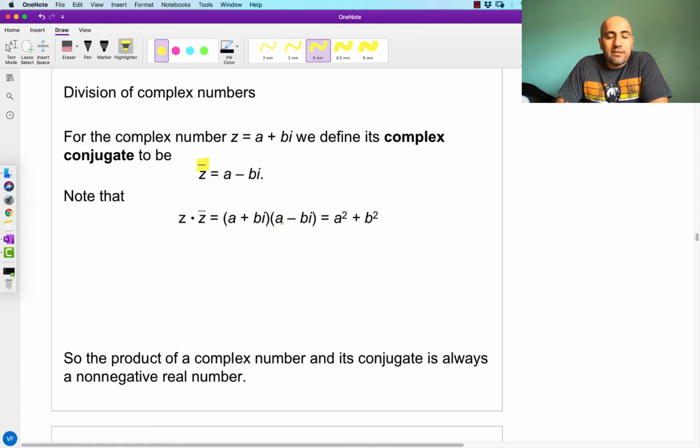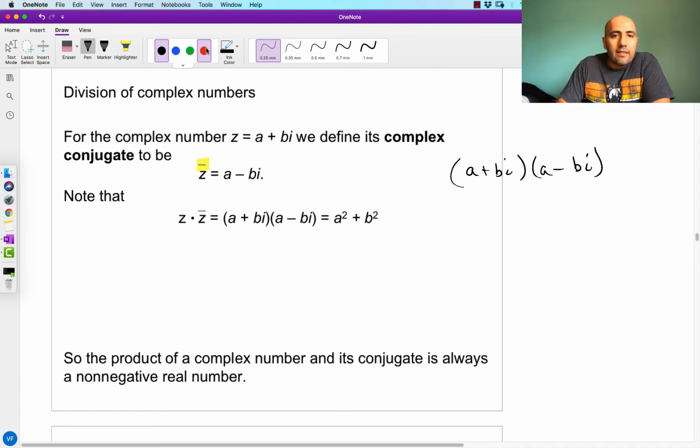The middle terms cancel out, as we've seen before, and we end up with just this. So let me FOIL those out to see how this is determined. If we have a plus bi times a minus bi, and then we proceed to FOIL these: this times this, this times that, this times this, and this times that.